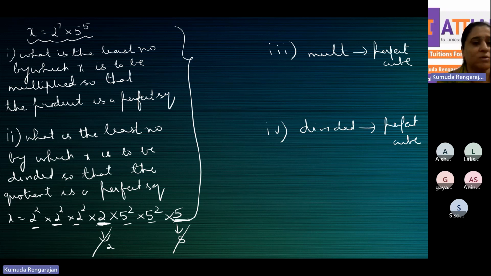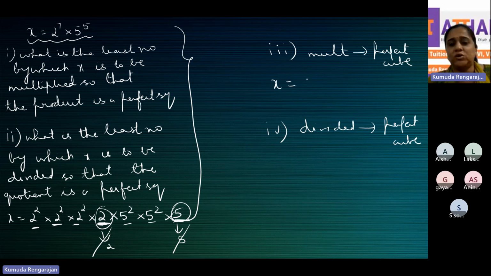When you have to answer a question on a perfect square, please express the prime factors with power 2 so that you will know the prime factors that are not raised to the power 2. It's easy to answer the question. So you see the 2 and 5 are not in pairs, so 2 into 5, 10, should be multiplied or divided also. Remove 2 and 5; 10 should be removed.